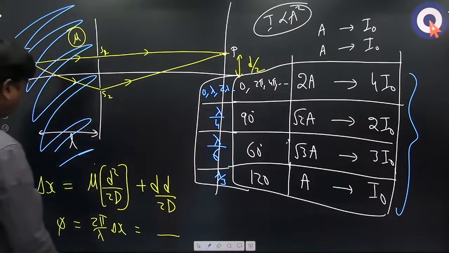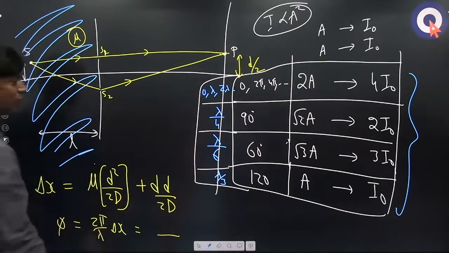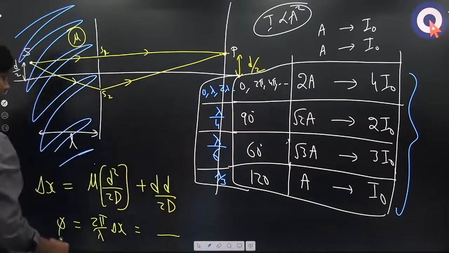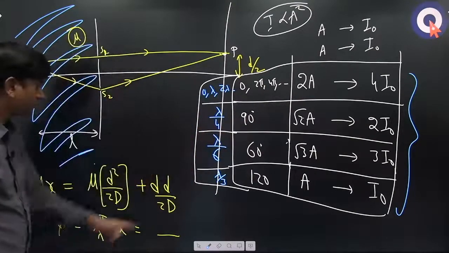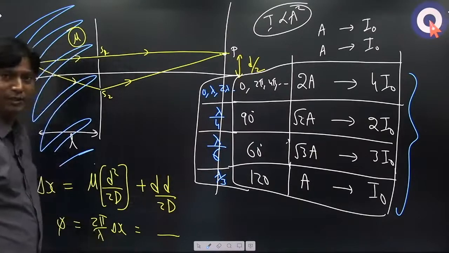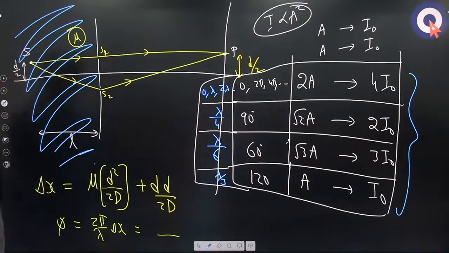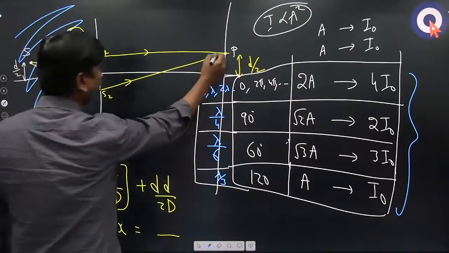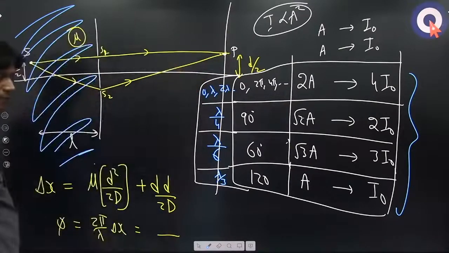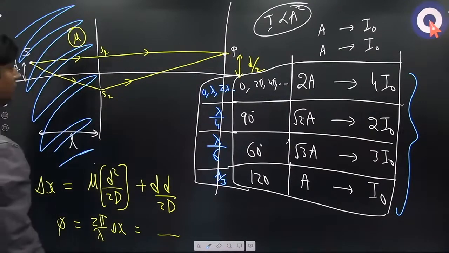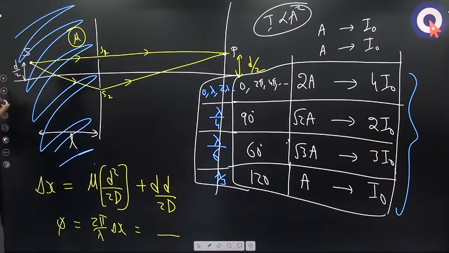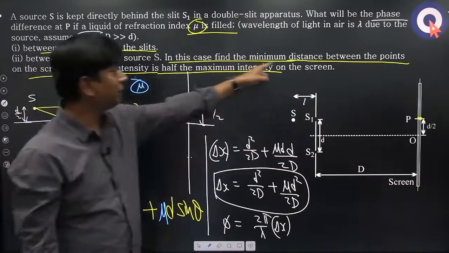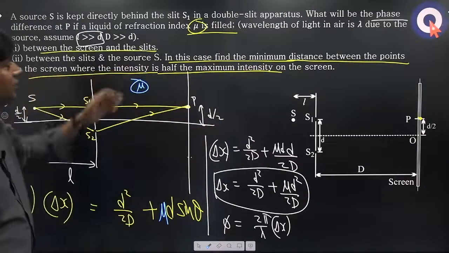So directly, either you take the phase difference and equate it to 90 degrees, or else equate the path difference to lambda by 4. Now they are asking, in this case, you need not put point P; you have to select some other point. They ask to find the minimum distance between the points on the screen where the intensity is half the maximum intensity.